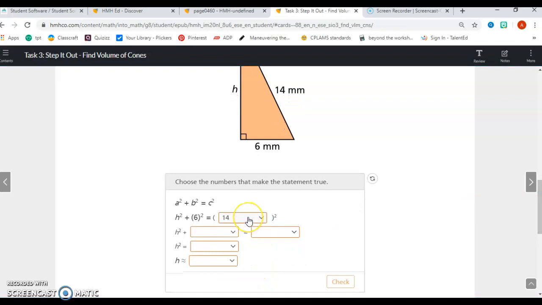That slant height is the hypotenuse 14. 6 squared is 36, 14 squared is 196. To solve for h, I'm going to subtract 36 from 196. 196 minus 36 is 160. And then I need to finally take the square root of 160, which is 12.65.